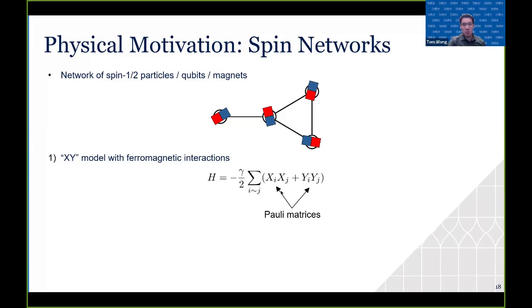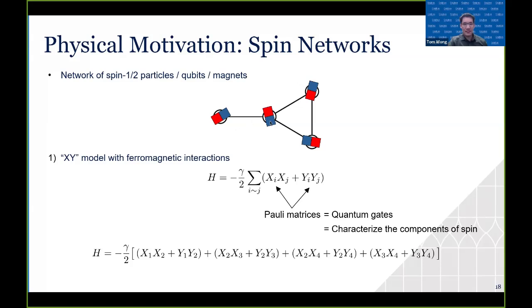And so these Pauli matrices, or what we might call them in quantum computing, these are quantum gates. These are like the X and Y quantum gates. And what they do is they characterize the X and Y components of spin, which is a type of angular momentum.